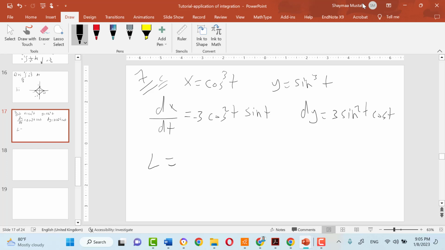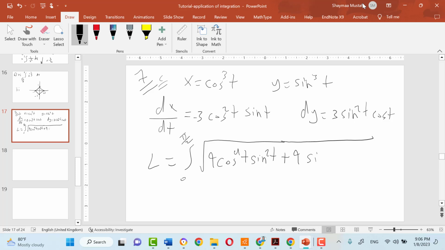So your length is equal to the integral of the square root of (dx over dt) squared, which is 9 cosine to the 4 t sine squared t, plus 9 sine to the 4 t cosine squared t dt, from 0 to pi over 2.